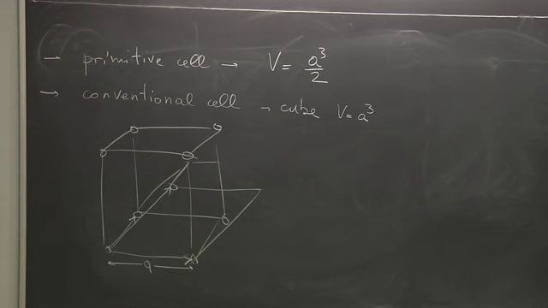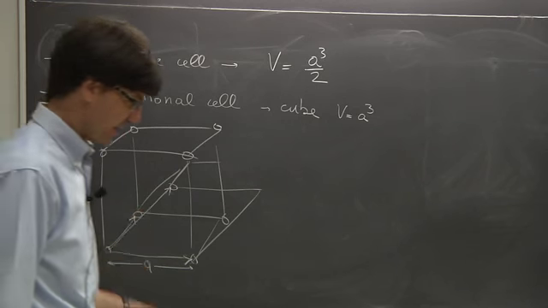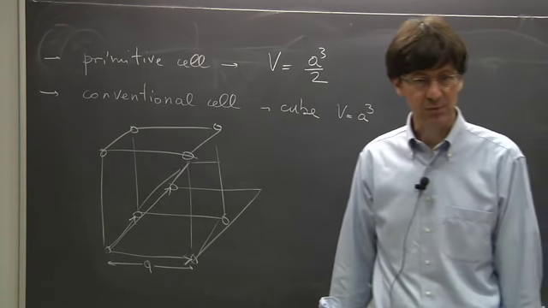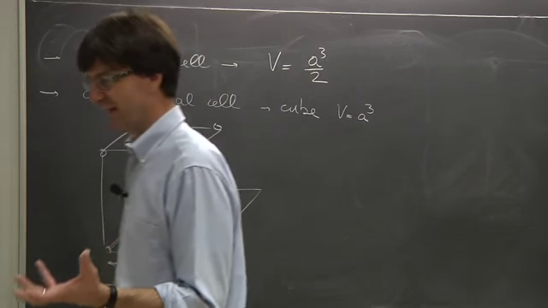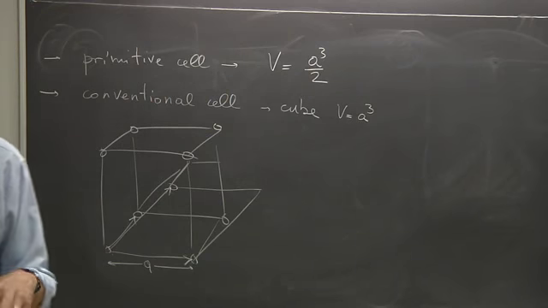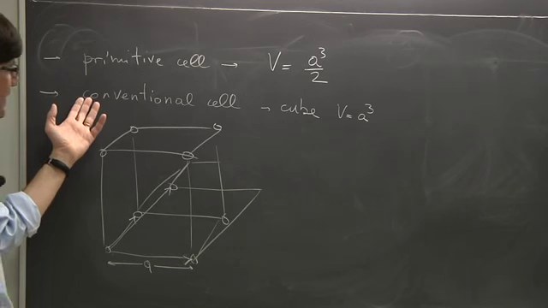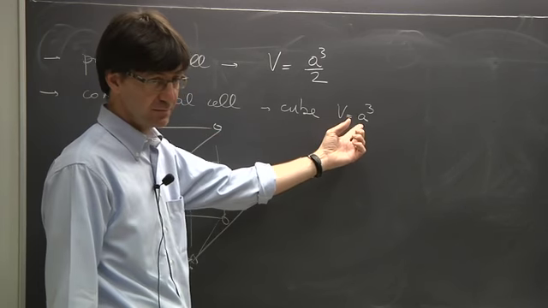Similarly for the FCC. As we discussed last time, FCC can be seen both as a lattice with a basis, a simple cubic lattice with 4 points in the basis, or as a real Bravais lattice without basis. The conventional cell in that case would be, again, a cube, if A is the side.